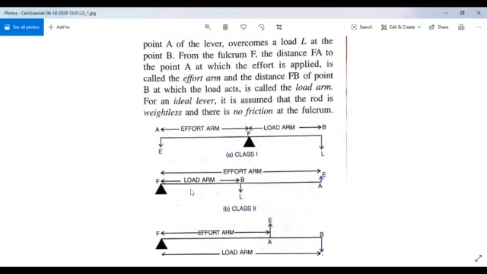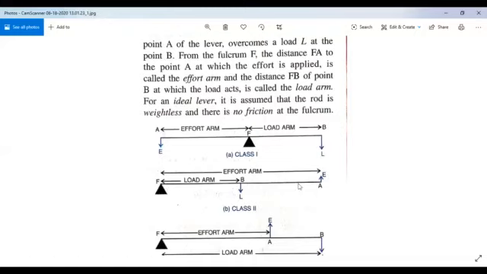Now, see here, this is class 1 lever. So we will learn what are class 1, class 2 and class 3 levers. In class 1 lever, what happens? The fulcrum will be in between the effort and load. In class 2 lever, what happens? The load will be in between the fulcrum and effort.